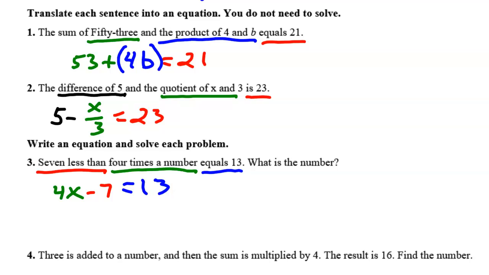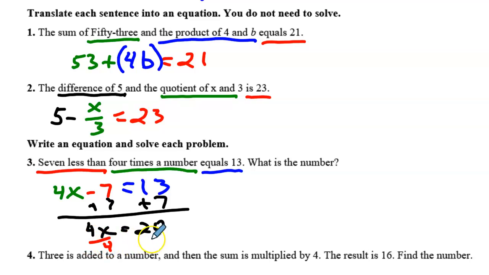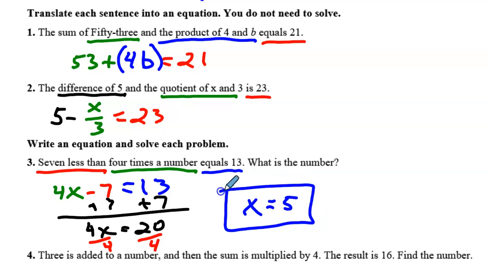The easy way to solve that, add 7 to both sides. This is probably the last one we'll solve, and then you can solve the rest on your own. We have 4x equals 20. Probably need to divide by 4. And so our answer would be x equals 5. It says what is the number. All right. Pause there.